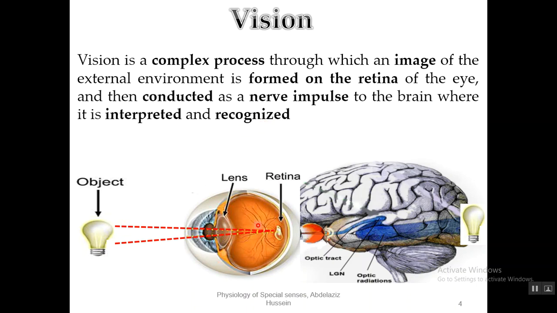The first part is the formation of the image on the retina, and the second part is the transmission of the impulse through a specific pathway called the visual pathway. In this lecture I will discuss how the image is formed in our retina by the help of a specific system in your eye called refractive media.